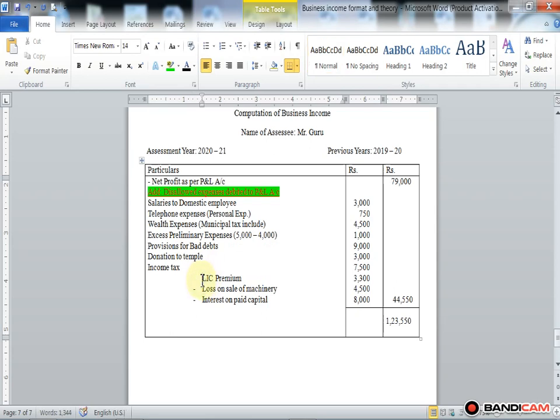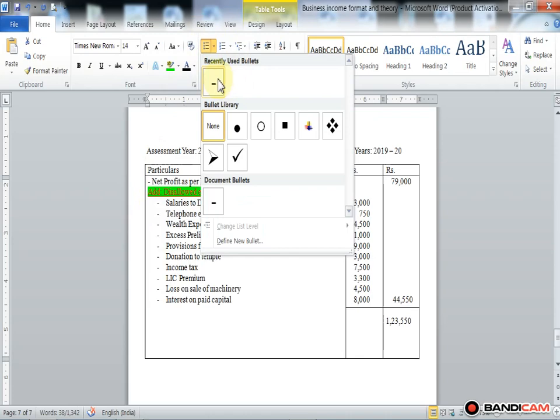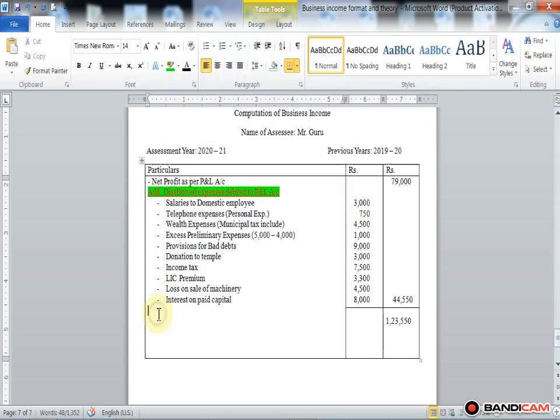So here in the adjustments, no expenses related to business are given.